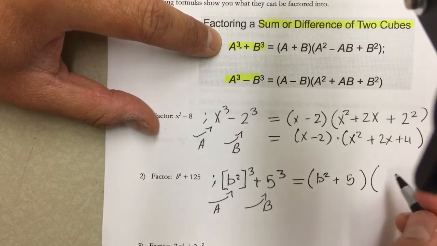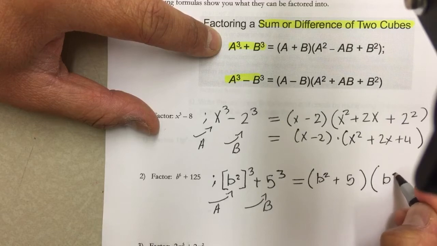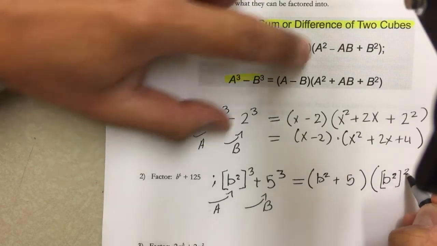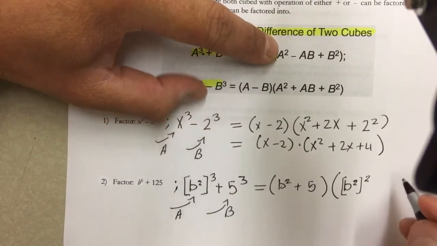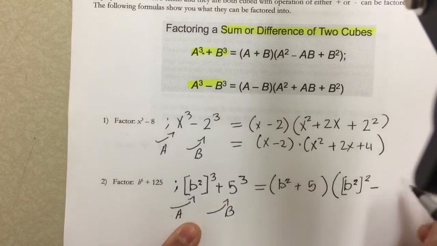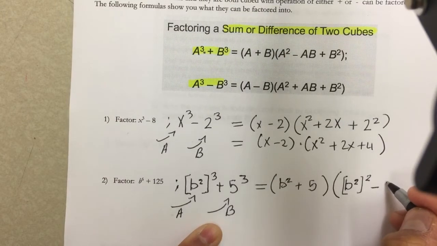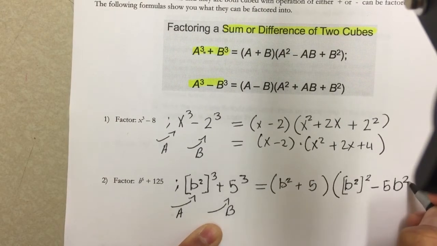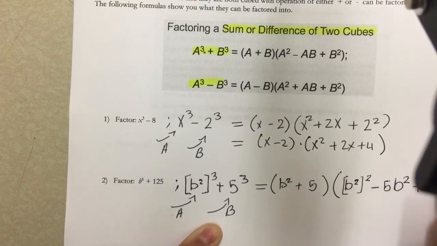And then it follows with a squared. So this is a, and then you square it. So a squared. See? Minus ab. So this is your a, and that's your b. Plus b squared.